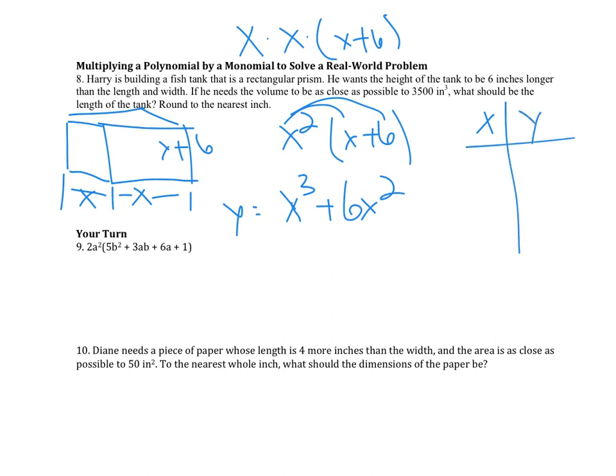We're just going to pick values. Let's start with 5. Substituting that in, you get 5 cubed plus 6 times 5 squared. Typing that into a calculator, we get 275, which is way low since we wanted 3,500. So we can pick a number. Let's go with 20, and substitute that in where we had 5 before.